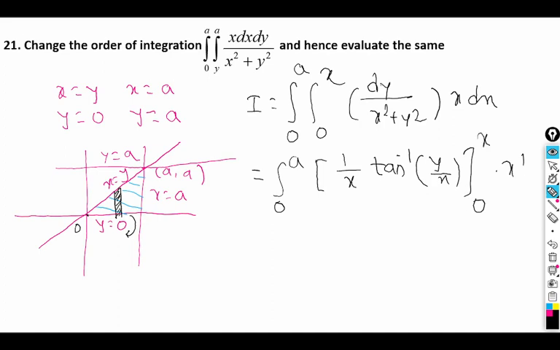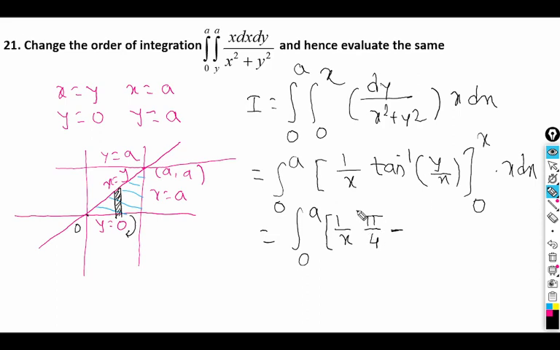And here is x dx as it is. You will observe when we put upper limit, we get 1 by x tan inverse of 1. The value of tan inverse of 1 is pi by 4, minus, now lower limit tan inverse 0 is 0.